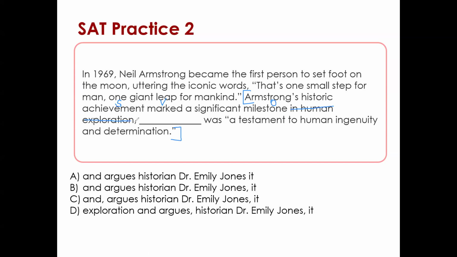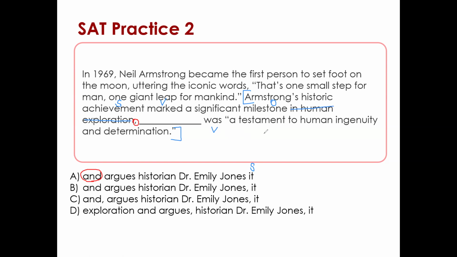And argues historian Dr. Emily Jones, it was a testament. So now we know that it was a testament. That is another complete sentence, right? And that is why you have this comma fanboys, comma and, to join or separate the two complete sentences.